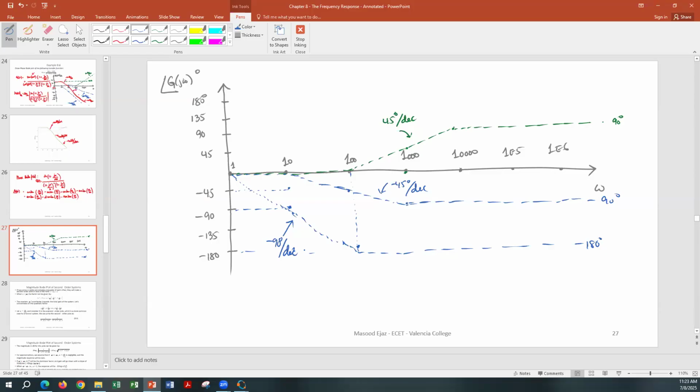So j omega is 90 degrees. It's a constant 90 at all frequencies. Right, exactly, constant negative 90 degrees at all frequencies. The same way as if you have a negative value, negative 2, that's 180 degrees or negative 180 degrees, it is the same thing. So whichever.